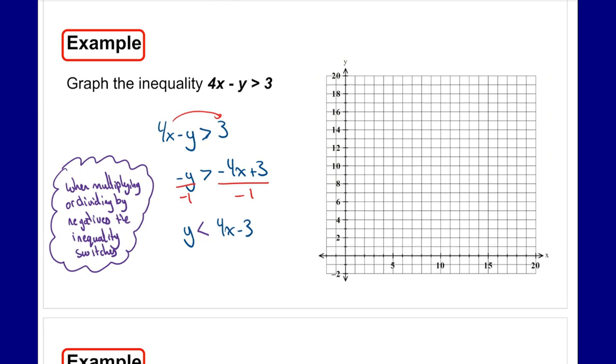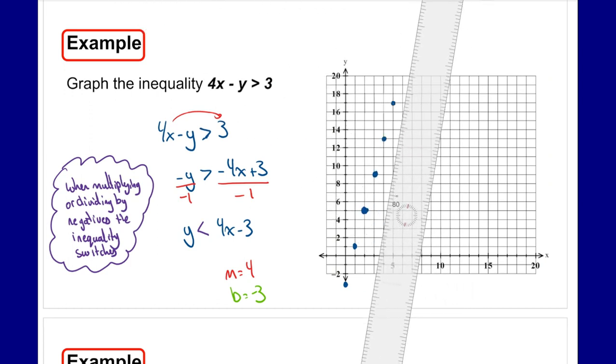But now that I have my values, my m, which is 4, my b, which is -3, a little bit off, but I plot so I go over 1, up 4, over 1, up 4, and I'm going to graph my line.